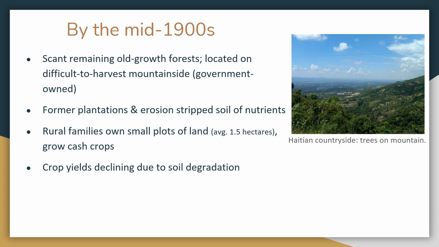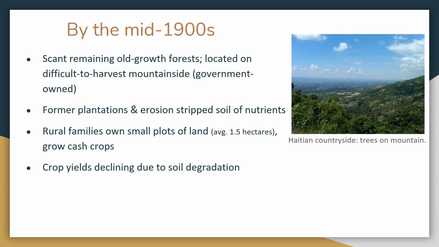Former plantations, due to monocropping, were stripped of soil nutrients. And as we've talked about many times before in our class, deforestation allows erosion of topsoil, which also strips the land of nutrients to support agriculture. Nevertheless, rural families in Haiti own small plots of land on which they attempt to grow cash crops.